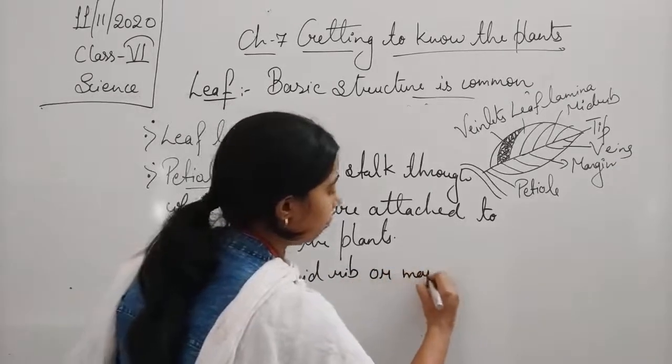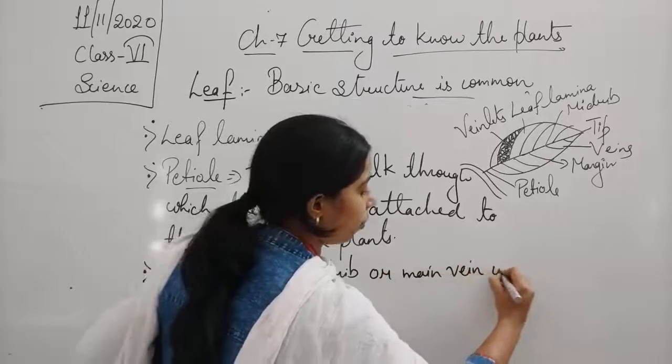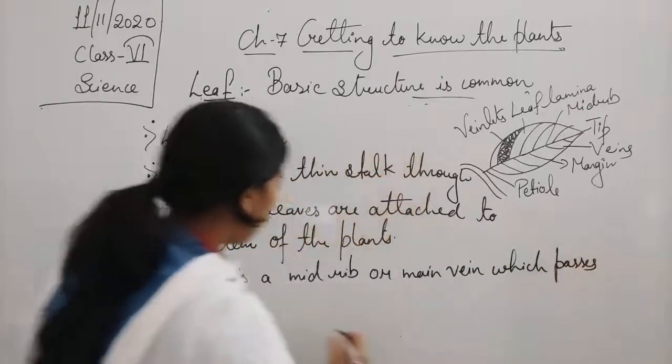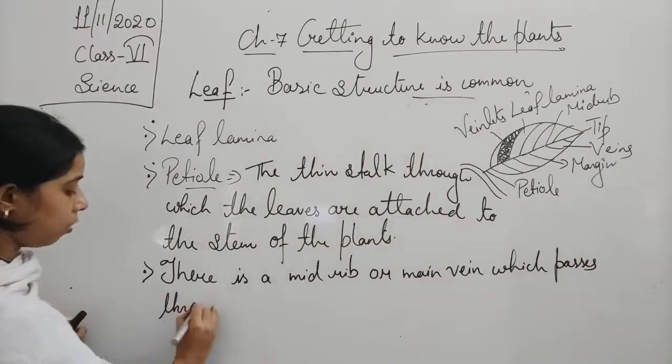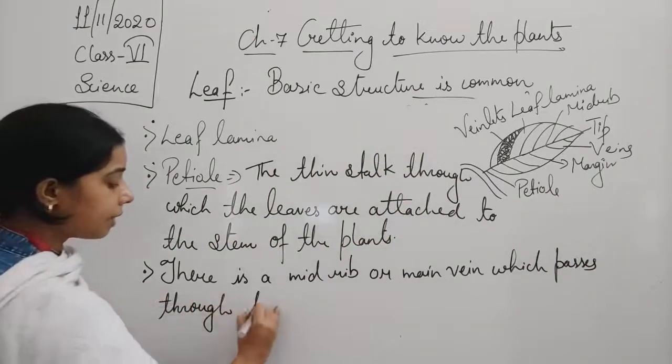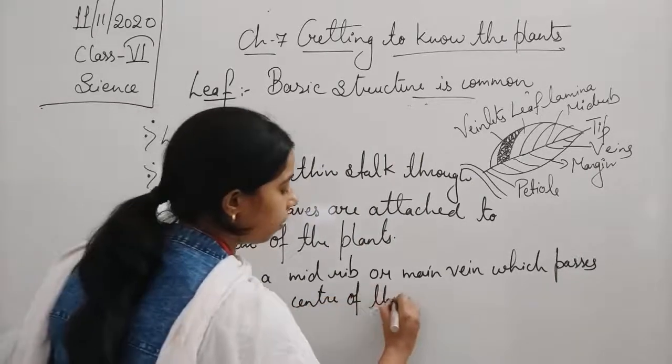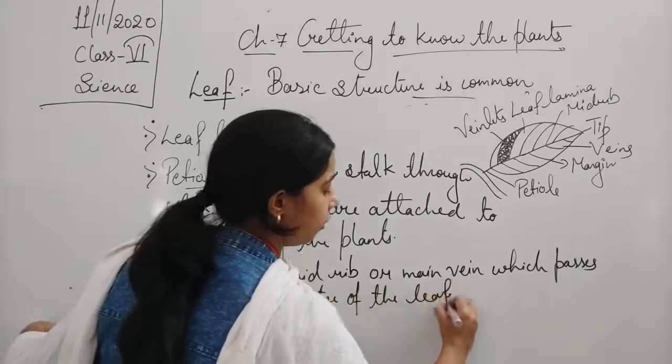Midrib or main vein, which passes through the center of the leaf.